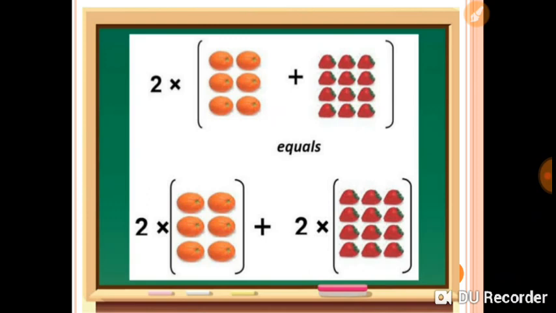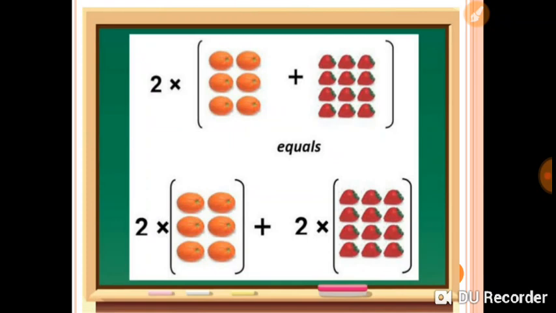Suppose your father has bought 1 dozen oranges and 2 dozen strawberries, and he has to distribute them equally among you and your brother. So how can he do it? Of course, he will give 6 oranges to both of you and 12 strawberries to both of you.